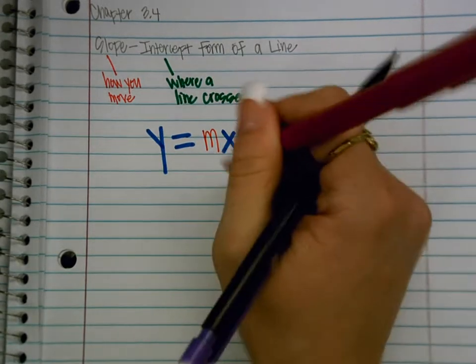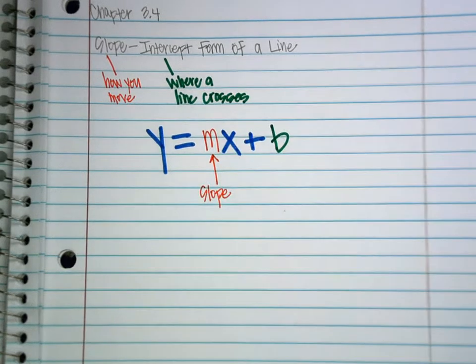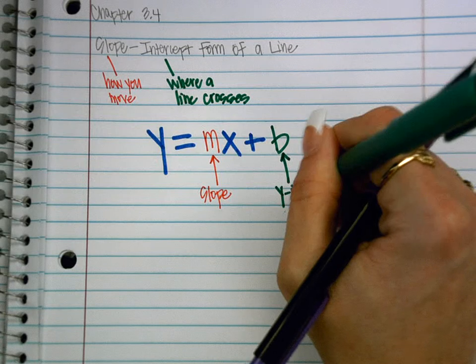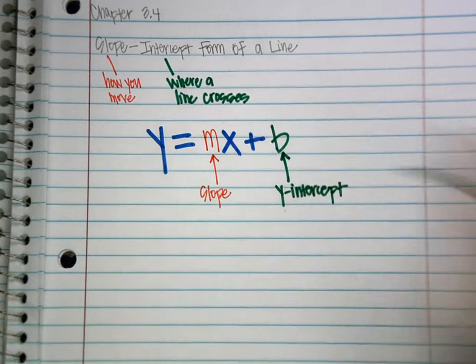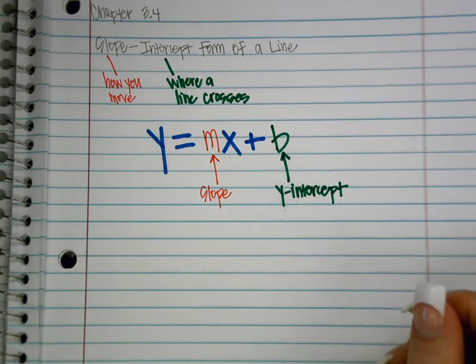The m stands for the slope, and the b stands for the y-intercept.